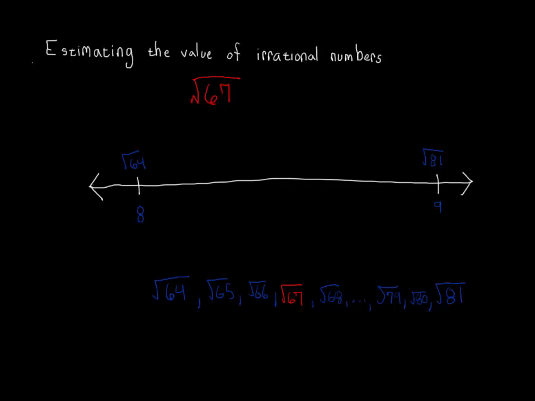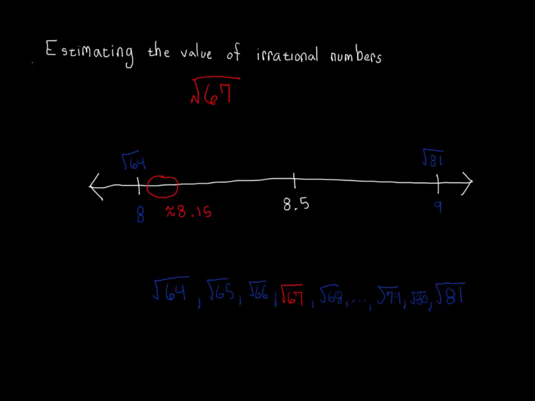So if we were to identify our midpoint right here at 8.5, not only is the square root of 67 going to be in between 8 and 8.5, but it's going to be much closer to 8 than it is to 8.5. It's only 3 away from 64. I'm going to guess that the square root of 67 is right in here, and I'm going to say that maybe it is about 8.15.